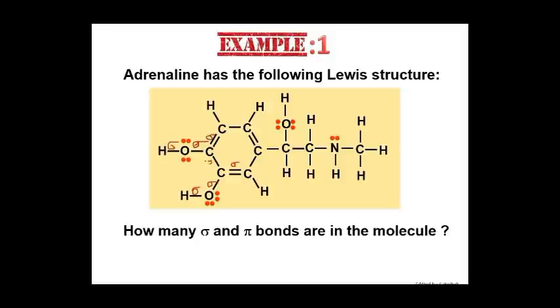This is 6 sigma bonds. For pi bonds, this is pi, this is pi, this is pi. We have 3 pi bonds.